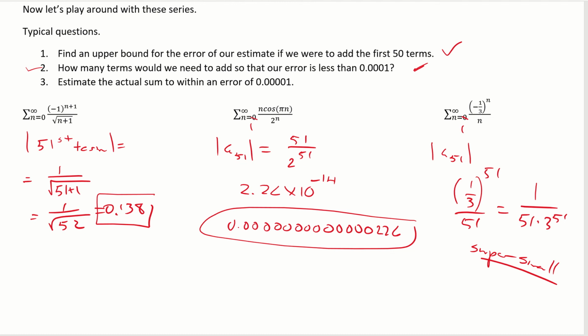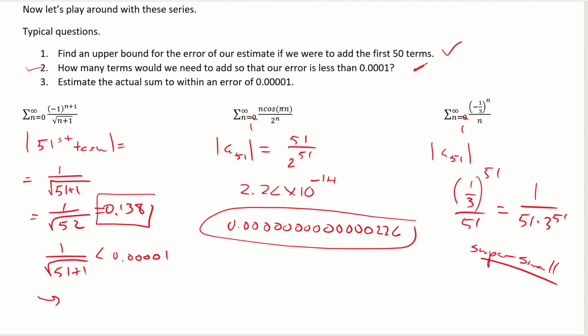I went, it would be 1 over square root of the 51st term plus 1, and I would see where that was less than 0.00001.